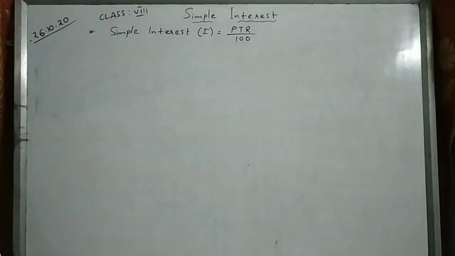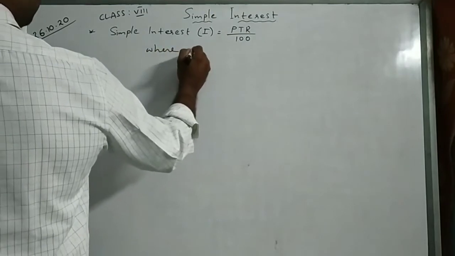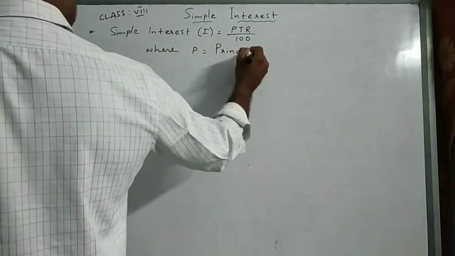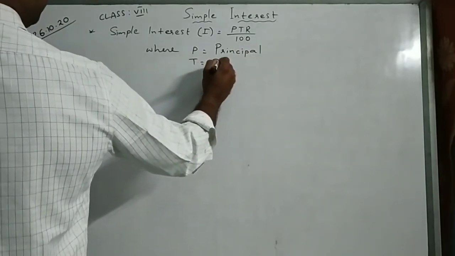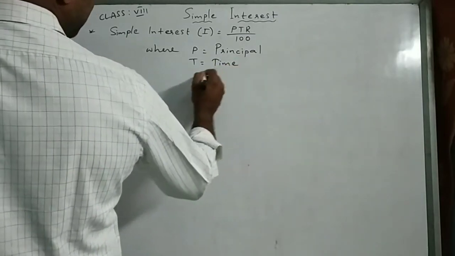We know that PTR by 100, where P, what do you call that P? Principal amount, T time. This should be always in years.